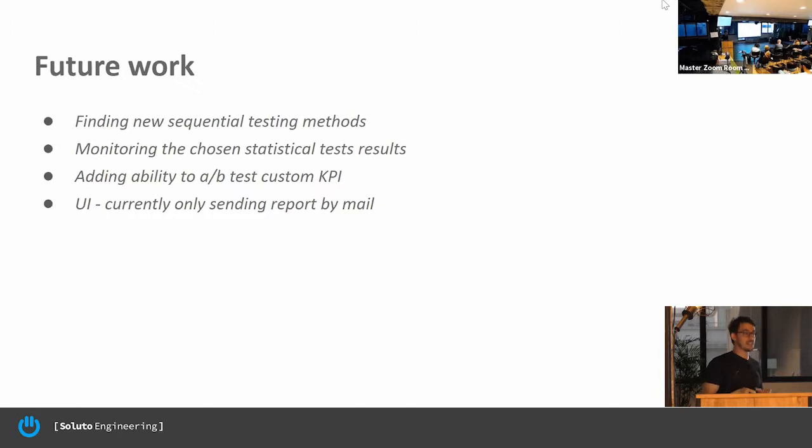Adding the ability to A/B test against custom APIs. Currently, we introduce a change and test it against all the domain KPIs, but sometimes teams want to make sure they are not harming the main KPI, but they might also want to try to improve some specific API they have. So also the ability to add specific custom KPIs and have the system report on them.